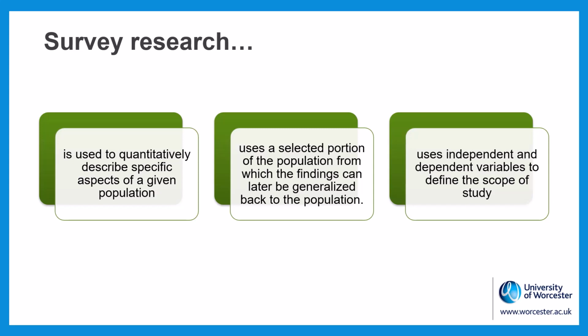The survey is then constructed to test this model against observations of the phenomena. The term survey instrument is often used to distinguish the survey tool from the survey research that it is designed to support.